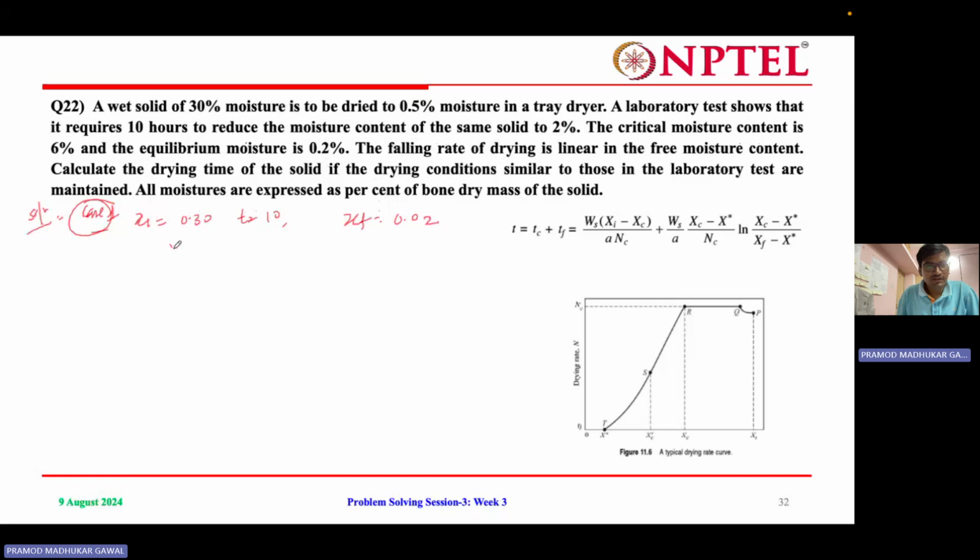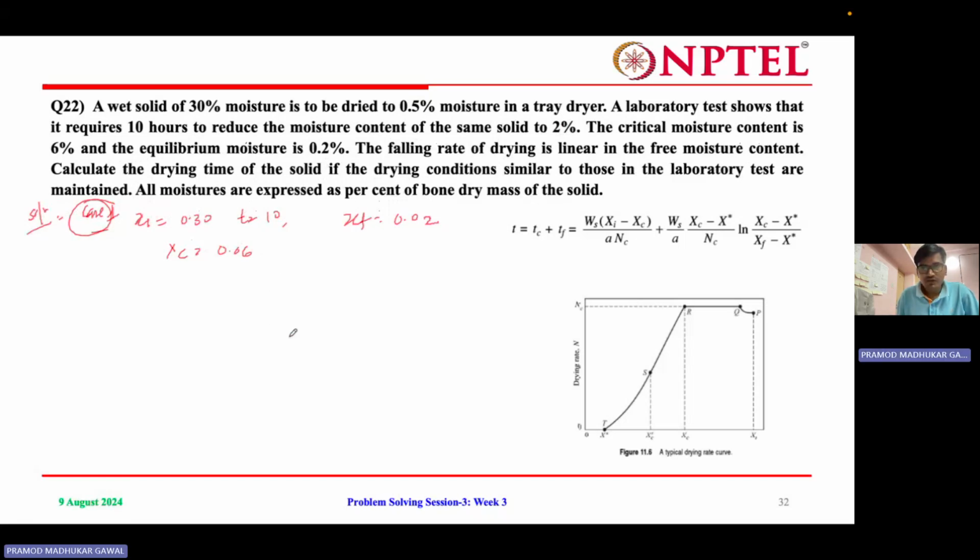And Xc is given as 0.06. X is equal to 0.02, right?